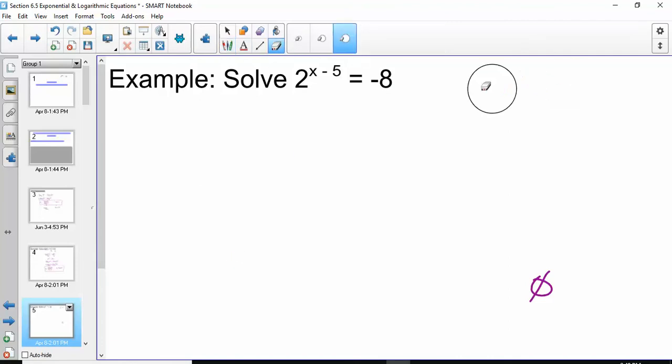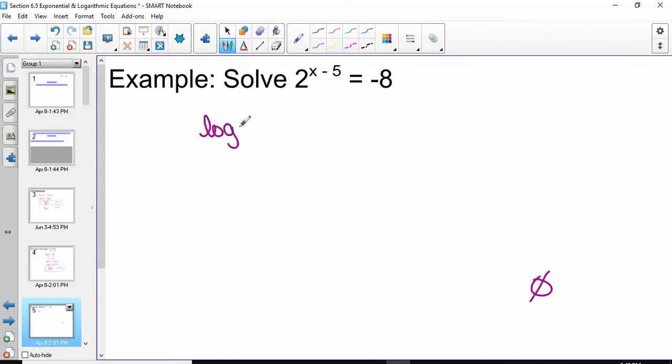If you didn't catch that, that's okay. We can still get there. If I added my log, so the x minus 5 comes down. When you bring that down, keep it in parentheses.